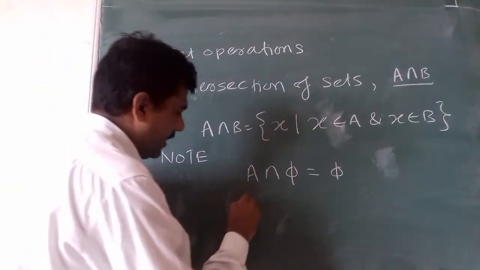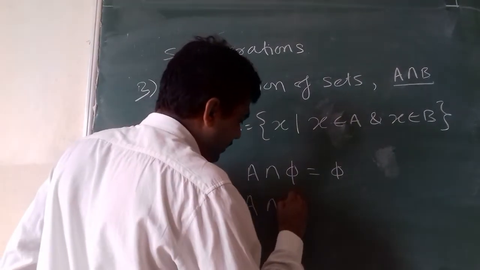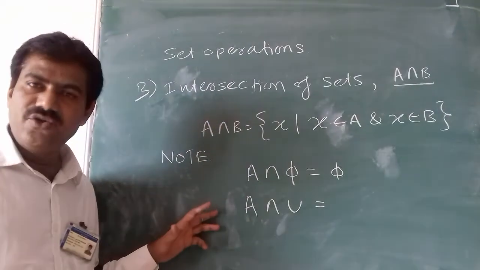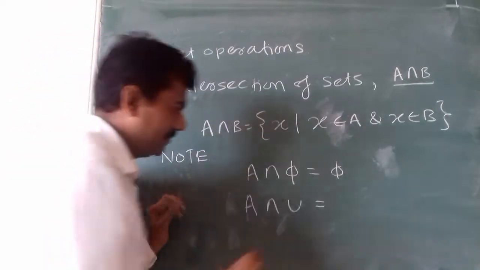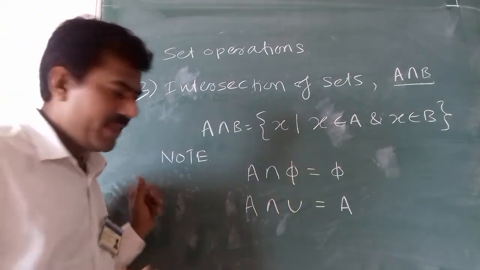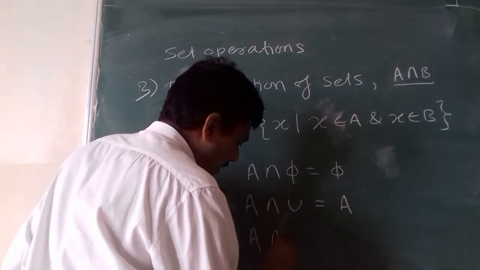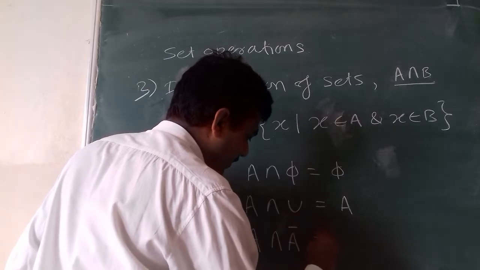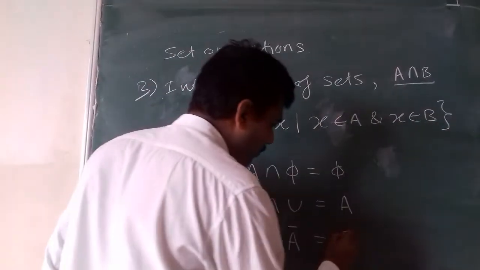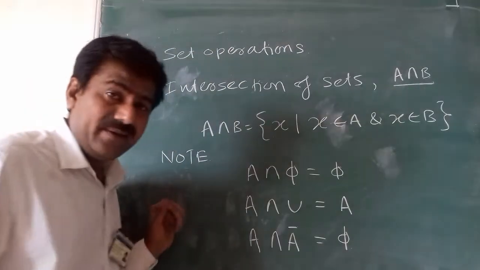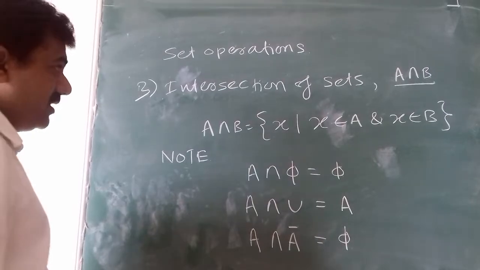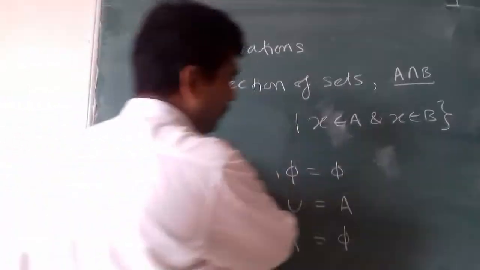Next, A intersection the universal set is A, that is all elements of A. A intersection A complement is equal to what? A intersection A complement is equal to the null set, right? So this is the third set operation. We'll move to the next one.